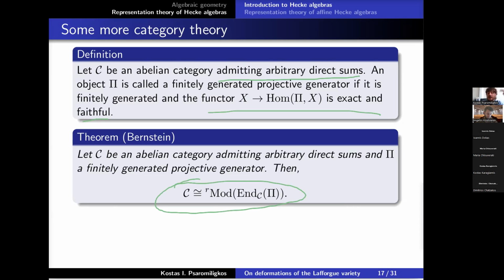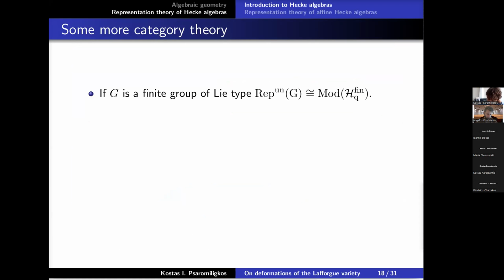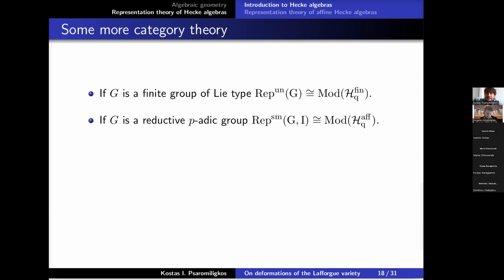And this theorem allows us to get a bunch of categories of representations as modules over Hecke algebras, like from finite reductive groups, from smooth p-adic representations in particular, and it's okay if you're not interested in any of this. If you have a finite group of Lie type, unipotent representations come as modules over a finite Hecke algebra.